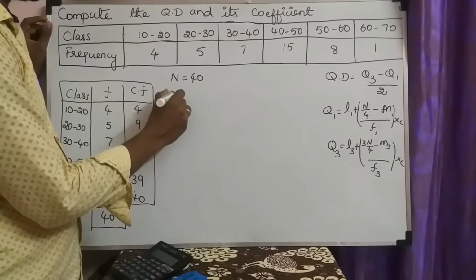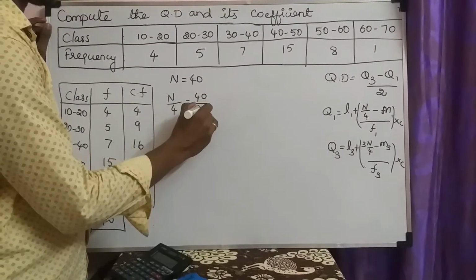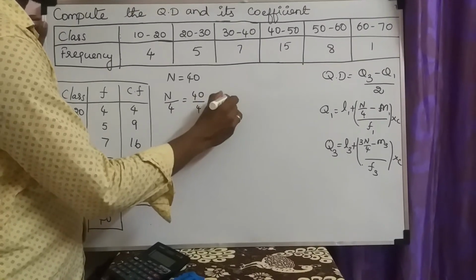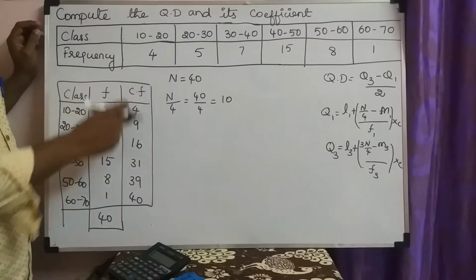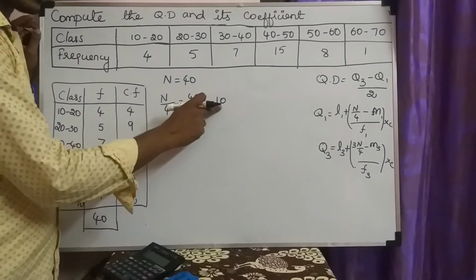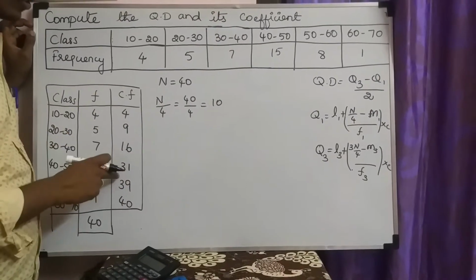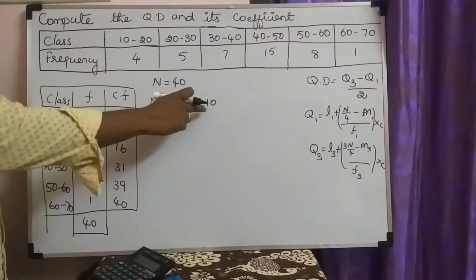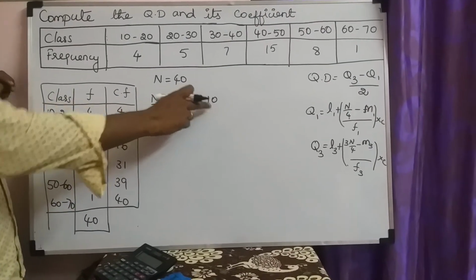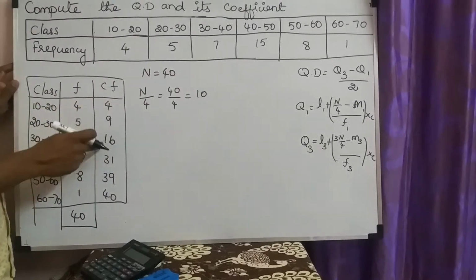So N by 4 is N value 40 divided by 4, we get 10. We are going to see the first cumulative frequency. First check whether the number is there or not. Otherwise we take the next higher value. What is the value here? 10, and there is no 10 here. The next highest value after 10 is 16.